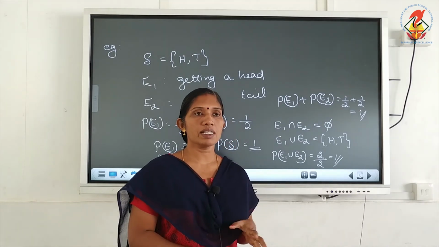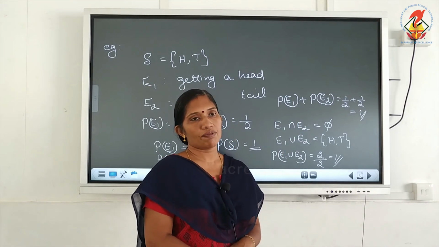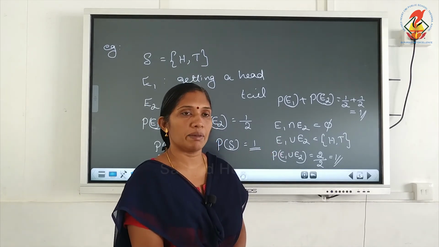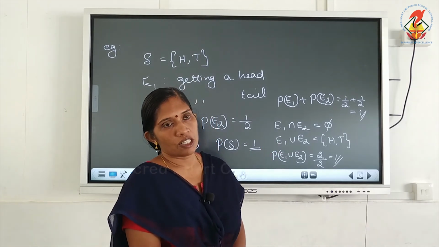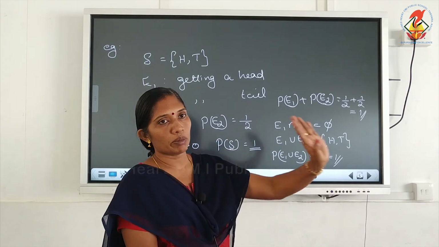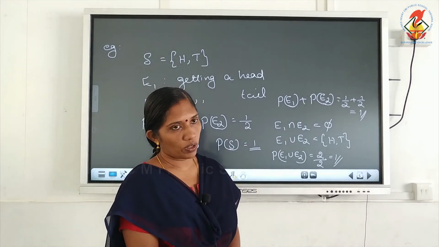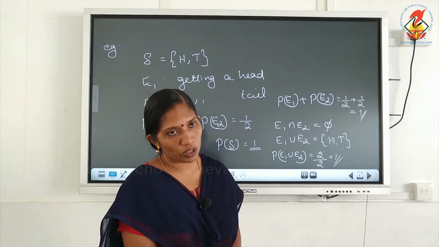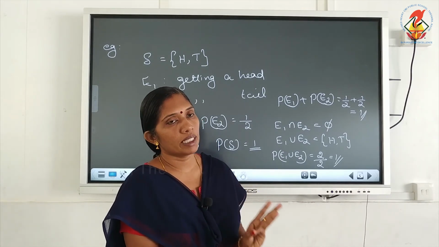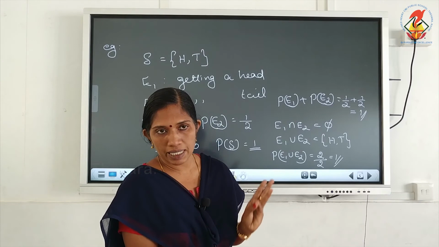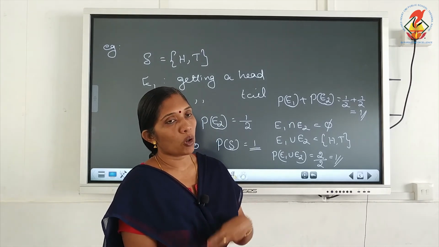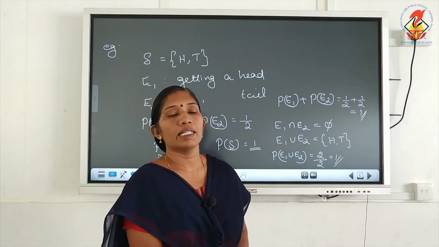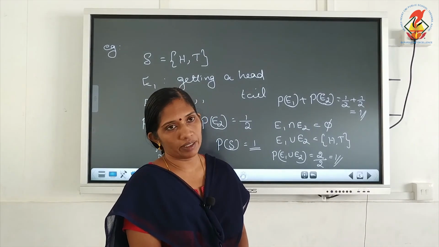The question is like this: does the assignment satisfy, or is it a valid assignment? You have to check. So first you have to add all the probabilities. If it is 1, okay, and at the same time you have to check whether the probability is greater than or equal to 0. If the assigned probability is negative or the total is more than 1 or less than 1, then that assignment is not valid. Okay.